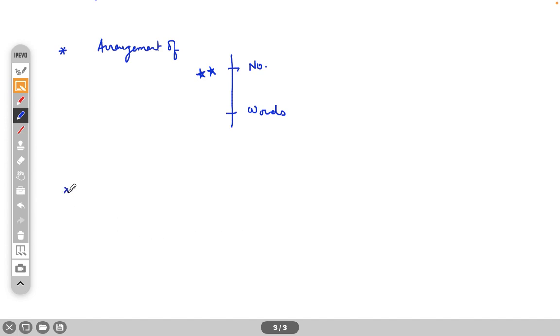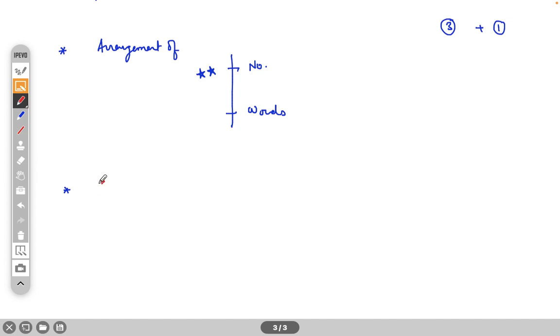So how many questions will come from this chapter? 3 plus 1, beta. 3 direct questions and 1 in probability. Are we clear? The question will be of either numbers or words. The importance of number is a bit more than words.